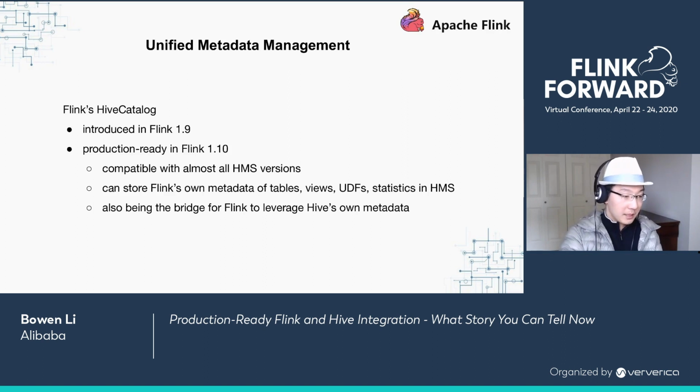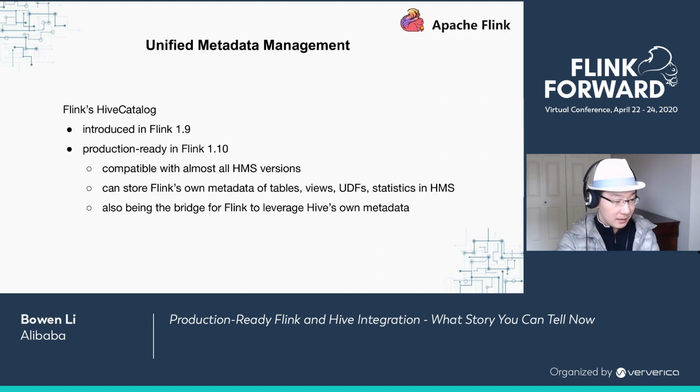So we introduced Hive catalog back in 1.9, and in 1.10 we made it production ready. Right now 1.10 is compatible with almost all versions of HMS. There are two folds to the Hive catalog here.